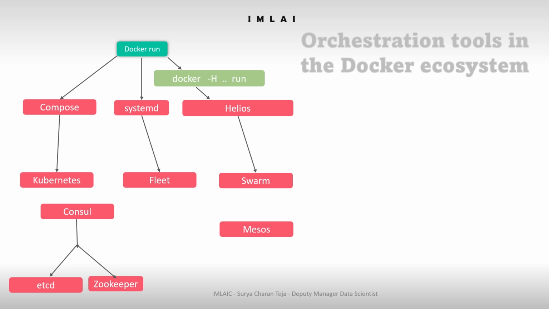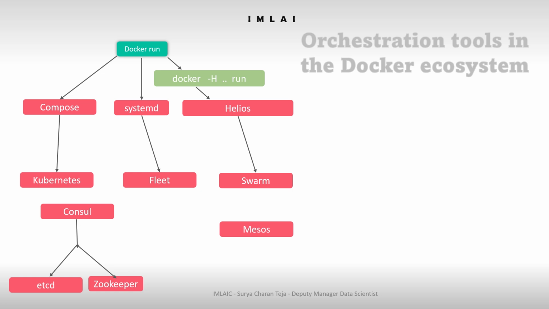There are many ways of arranging the family trees of the orchestration tools that you are seeing on the screen. But this slide shows you some of the tools I am familiar with. Most of the tools you might also have heard of. But this comes from my bias.